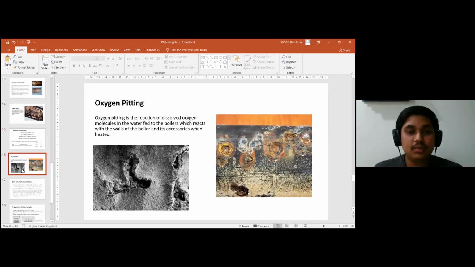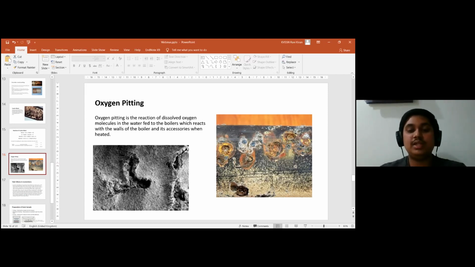Coming to oxygen pitting. Oxygen pitting is generally dissolved oxygen reacting with the walls of the boilers and their accessories. It is a localized kind of corrosion which leads to the creation of small holes in the metals, as we can see in these images.